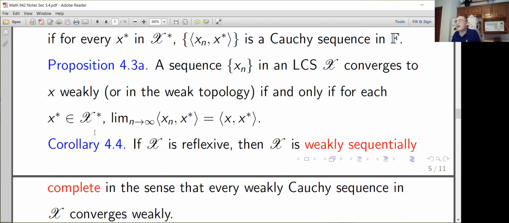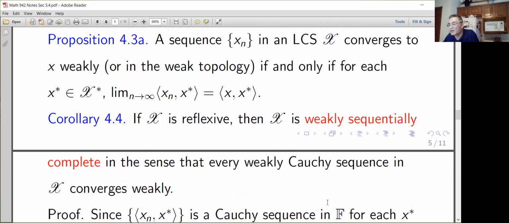So to prove this, we just have to prove that every weakly Cauchy sequence converges weakly. That's what we have to prove.